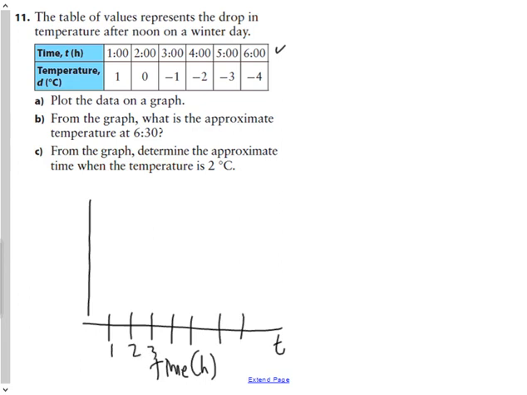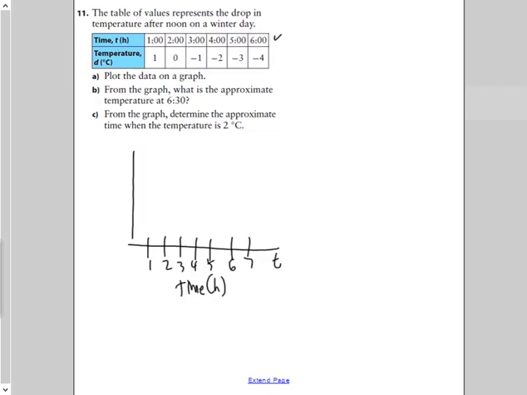So 1, 2, 3, 4, 5, 6, 7 for time in hours. Move this down a bit. And for temperature, look at that now. I realize that my temperature goes into the negatives, so I'm going to have to extend my y-axis, not only through the positive range, but through the negative as well.